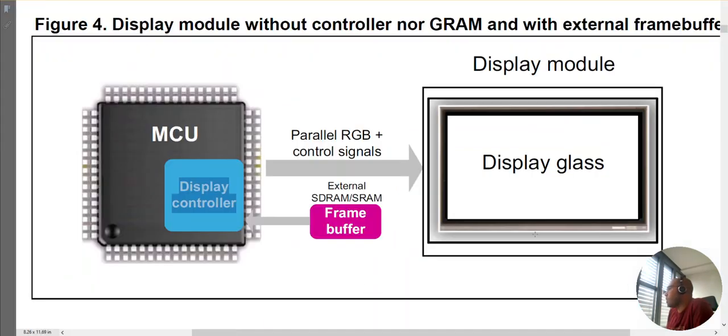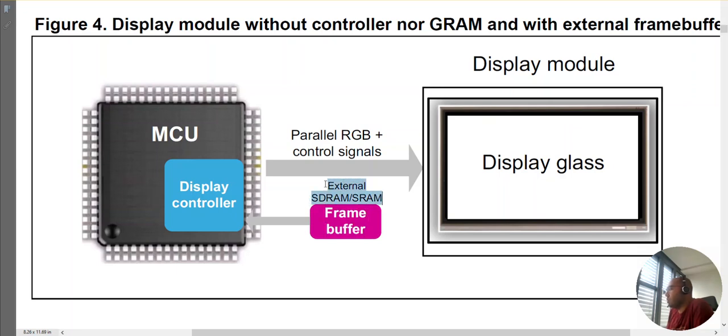Okay, so now imagine that we have this system. We have a display module connected to our microcontroller unit, which is based on ARM Cortex M7. This MCU contains a display controller connected to this display and tries to read some frame buffer from an external memory.